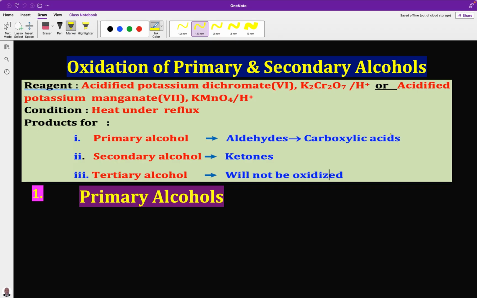Before we start, what is oxidation in organic reaction? Oxidation in organic reaction is the simultaneous addition of oxygen atom into a molecule and subsequent removal of hydrogen.